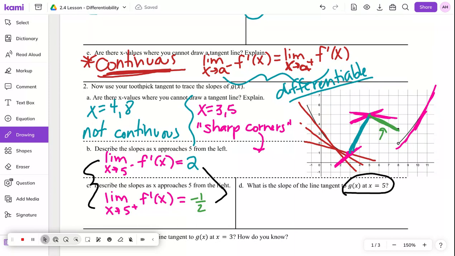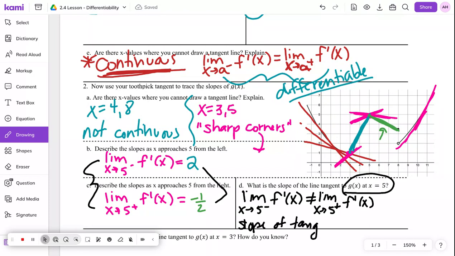Because the slopes are not the same, we say the slope doesn't exist. So the limit as x approaches 5 from the left of f prime does not equal the limit as x approaches 5 from the right of f prime. So we can say the slope of the tangent line does not exist at x equals 5.